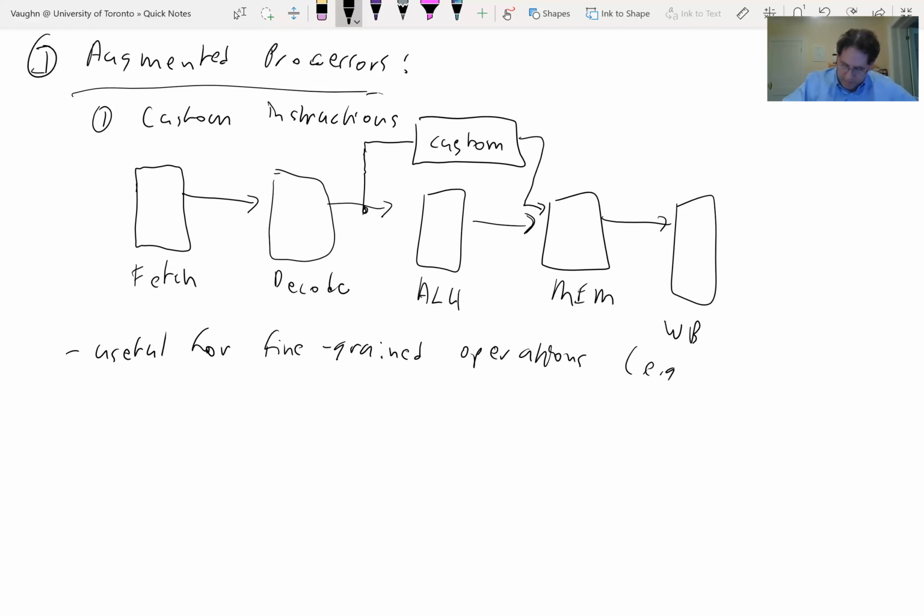An example of that would be CRC, certain encryption operations. CRC is a cyclic redundancy check. It tends to involve a whole bunch of XORs. It's like a generalization of computing parity. It's how you do error correcting codes.